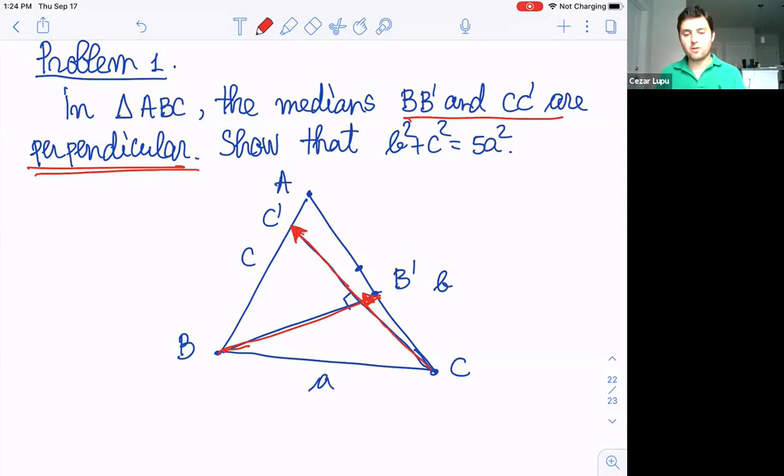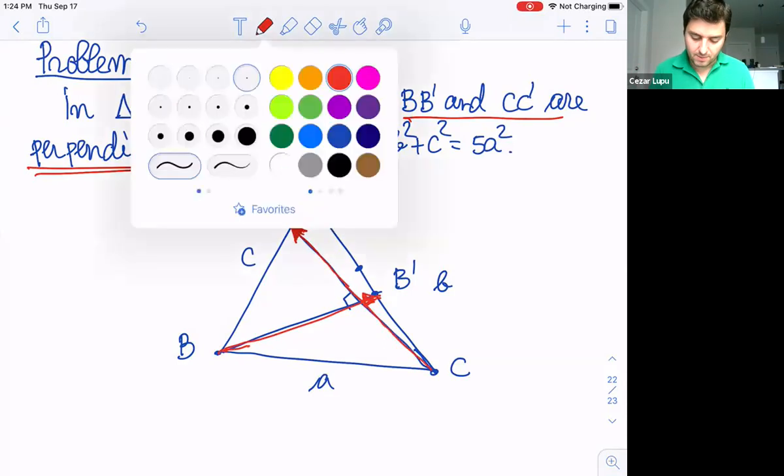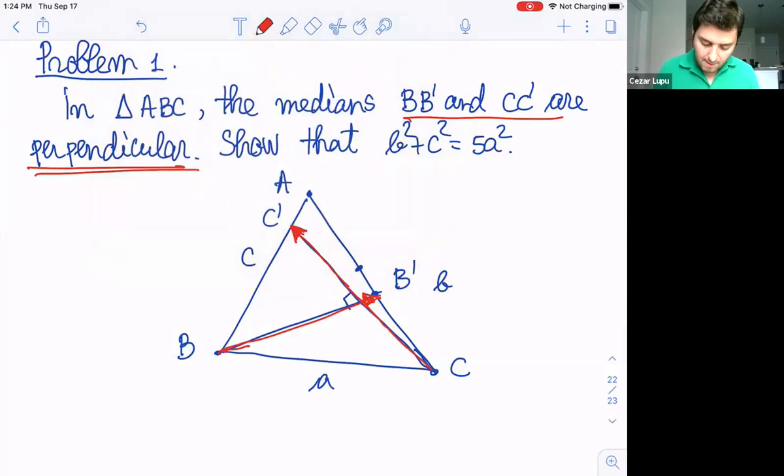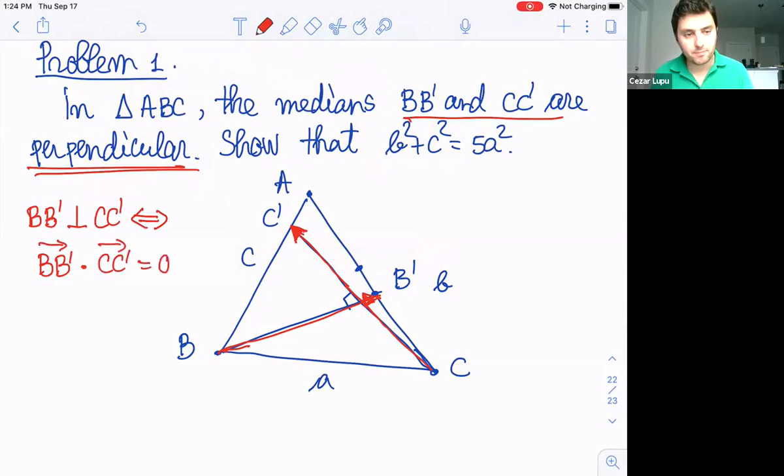So these two vectors are perpendicular, which means BB' is perpendicular to CC' if and only if BB' vector dot CC' vector is 0. That's what you need to know.